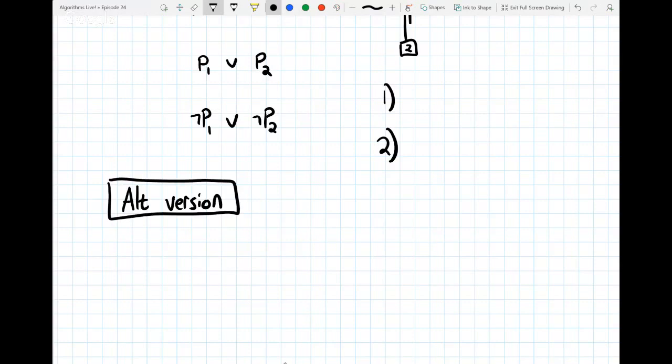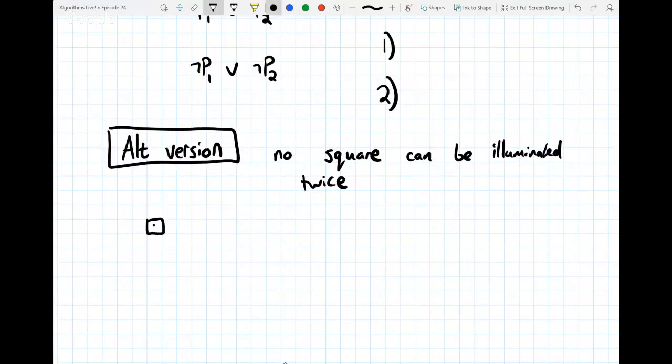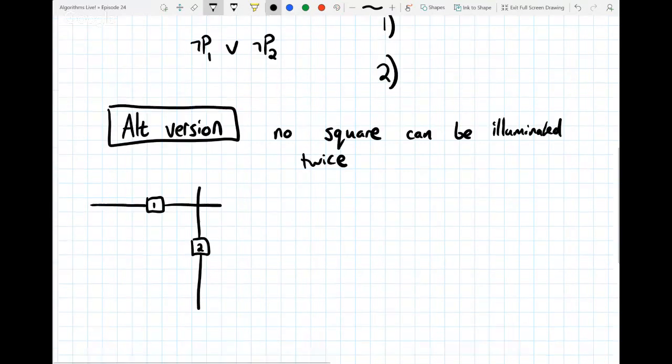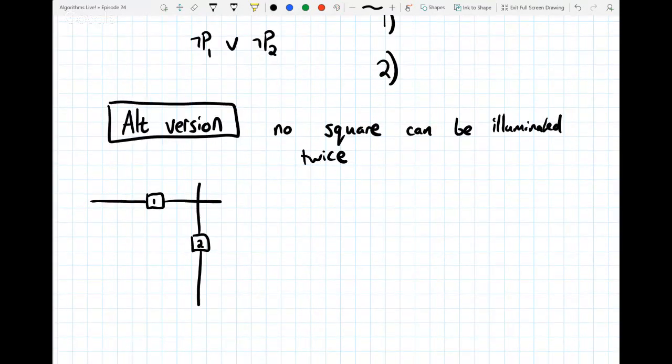I'm going to say no square can be illuminated twice. And I just remove that extra constraint. So now if I have my graph something like this, I'm not allowing these kinds of crossings anymore.